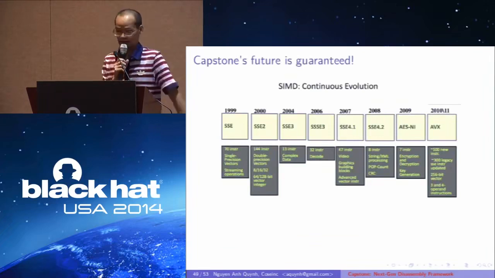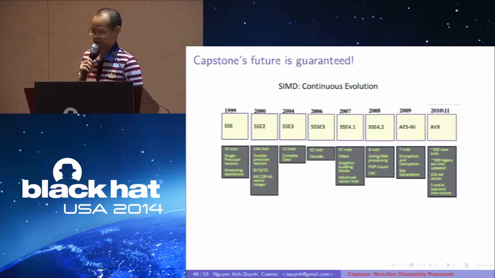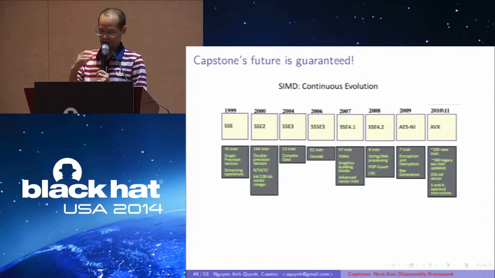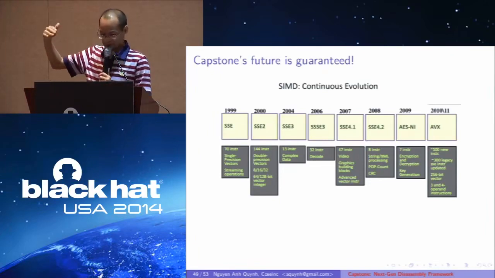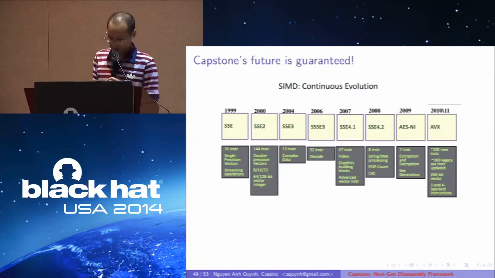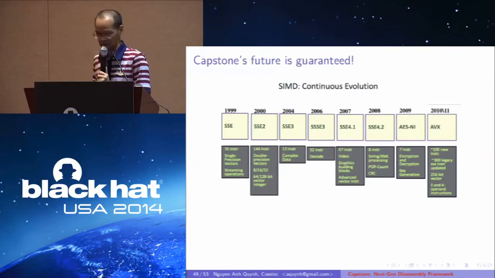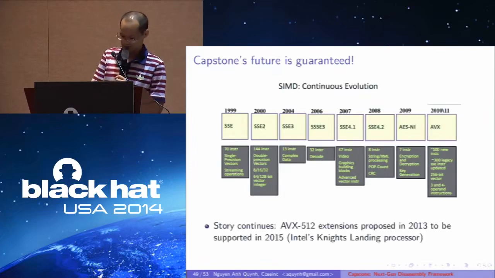One more slide. Capstone's future is guaranteed because we rely on LLVM, right? You can see that some architectures continuously update their instruction sets, and they add instructions very frequently. For example, here's the timeline of SIMD in Intel architectures.